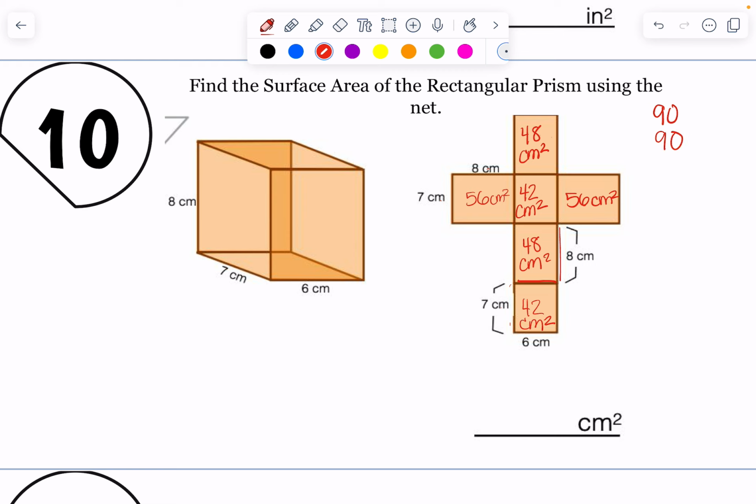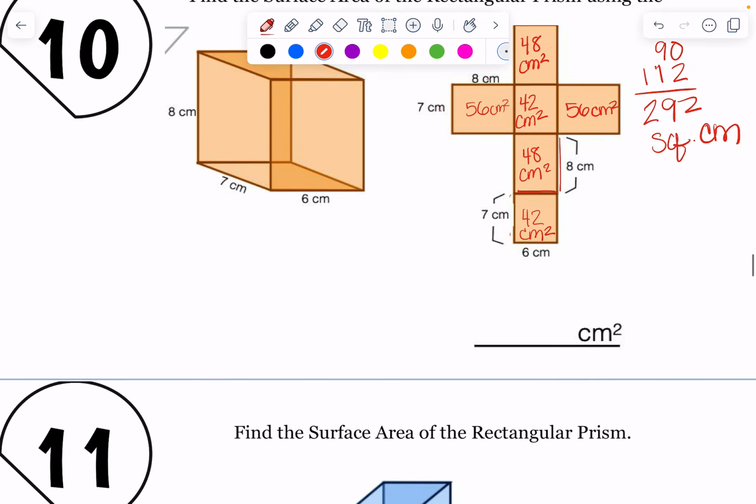And then 56 and 56 will be 112. When I add these all up, I get 292 square centimeters. Since this is area, it's in square units, so the total surface area is 292 square centimeters.